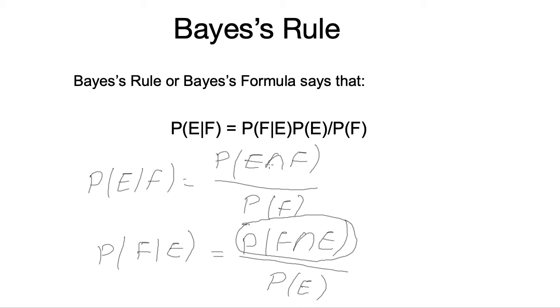These terms are the same as this, so we can replace it by its value here. So we will get that the probability of E given F is equal to P of F given E times P of E divided by P of F.